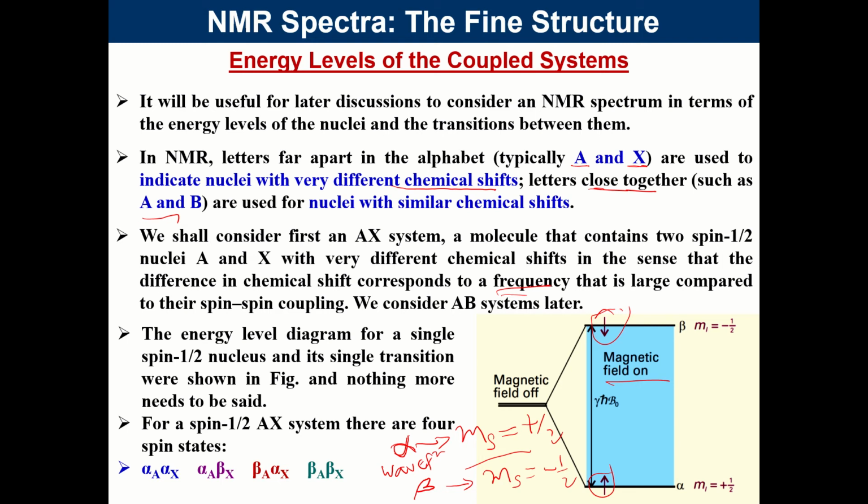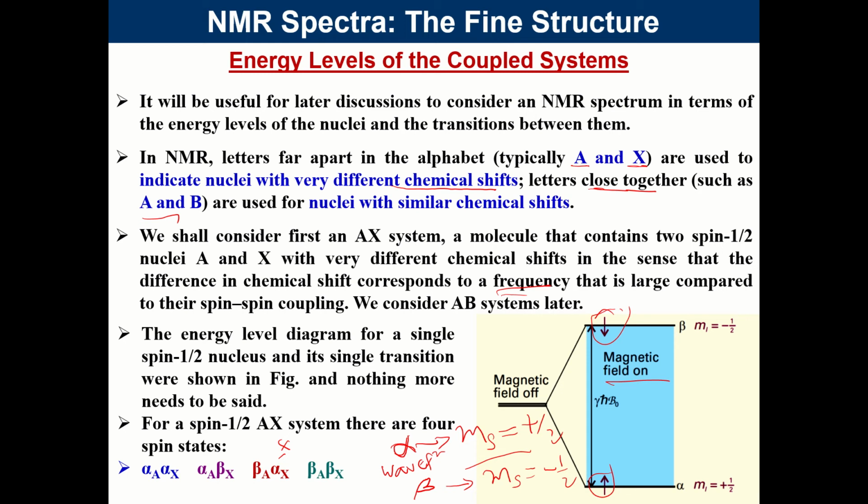So you can have four possible combinations. The A atom can have plus half or minus half, and if you keep that spin the same, the X can change from alpha to beta. Keeping A the same, you can change the X nucleus from plus half to minus half. You can clearly see that.